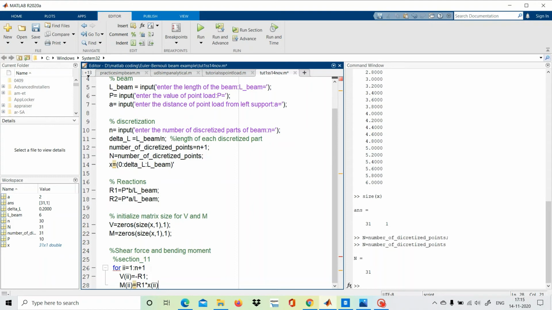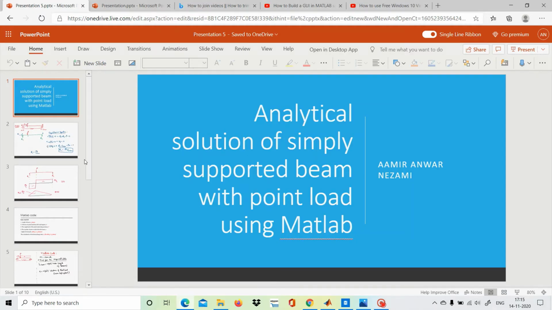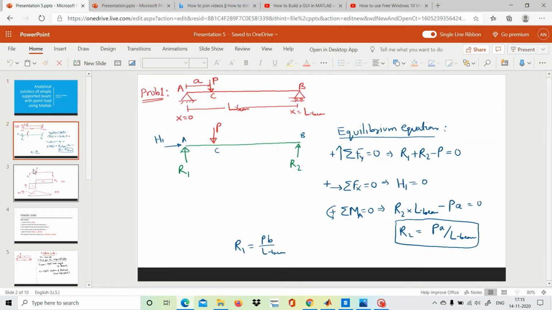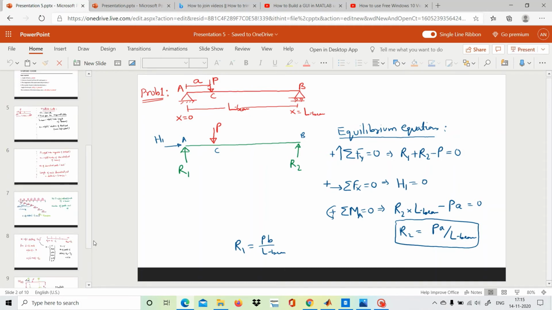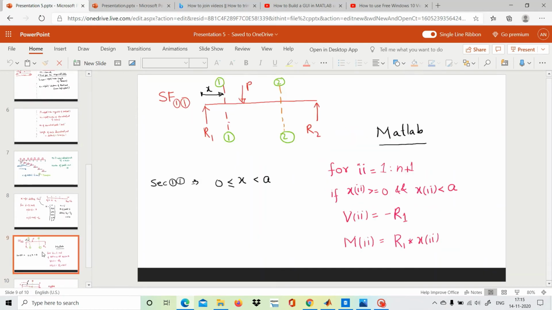Now, this section 1 has a corresponding section length. Let us see section 1: X is greater than or equal to 0 and less than a. First section, 0 to a.